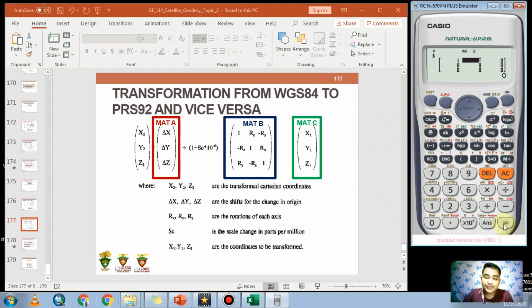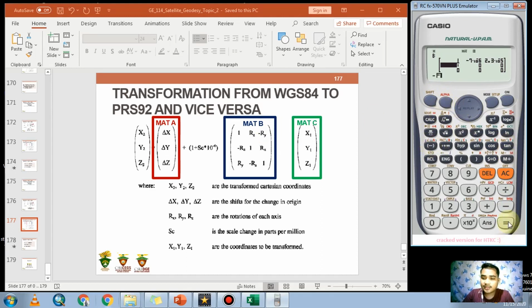RZ is in memory F. F equals. Negative RY, where RY is in memory E. So negative RY, memory E. Then RZ in memory F, so negative RZ.